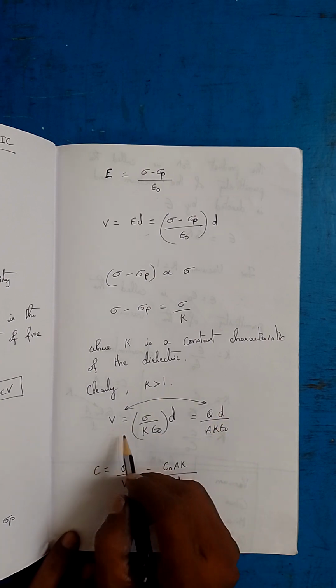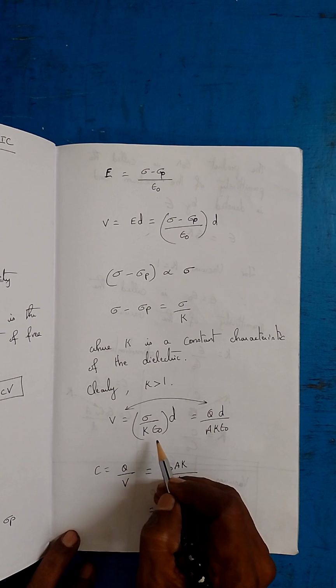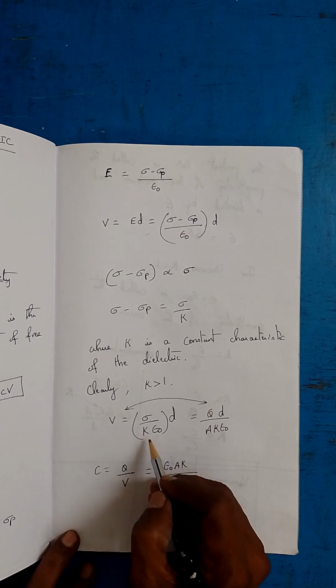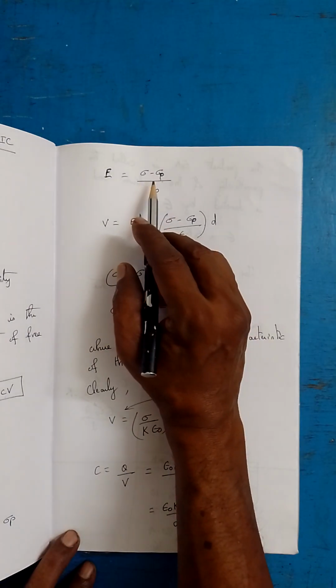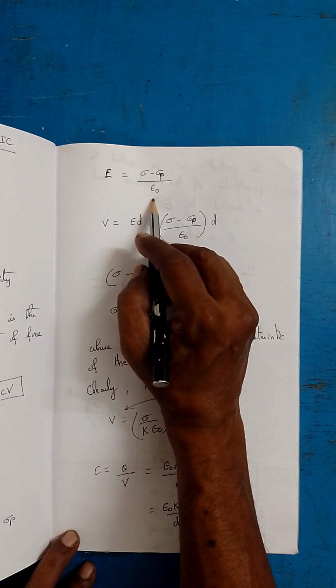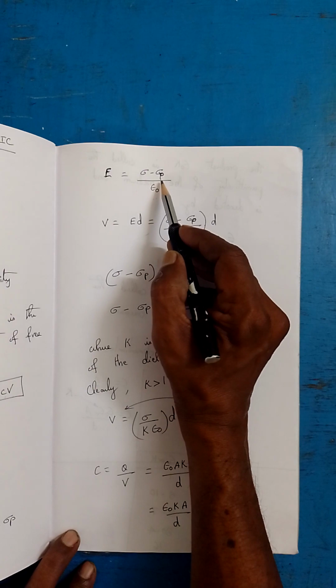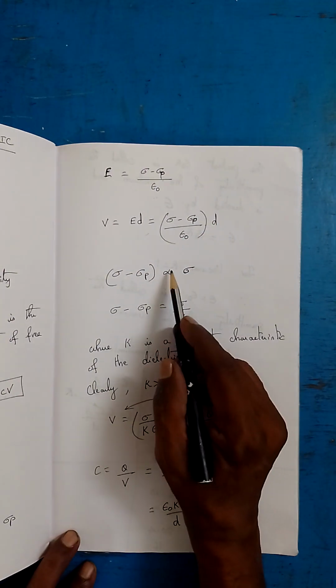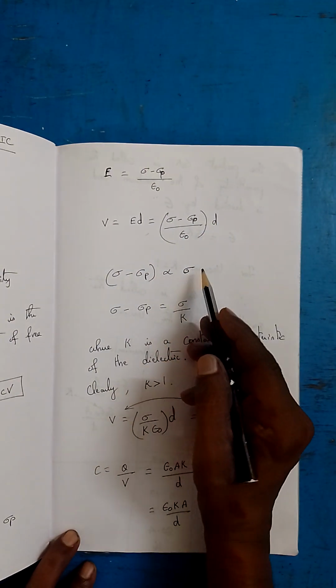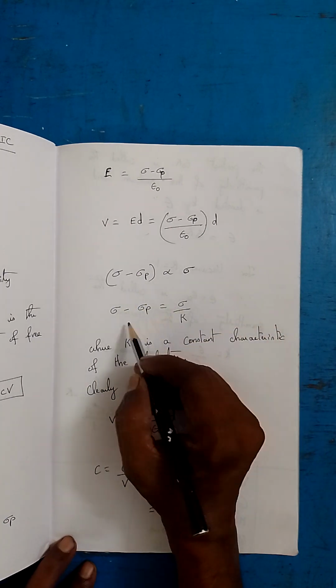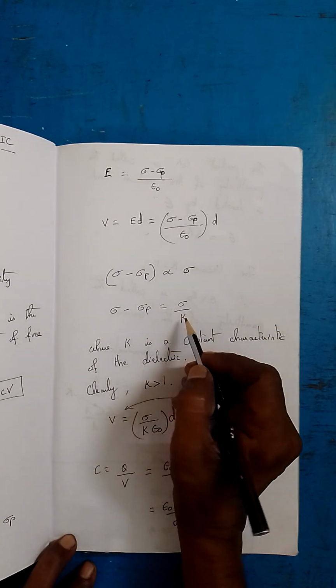So now V is equal to E into D. Now what is E? E is sigma minus sigma p by epsilon naught, but I just told you sigma minus sigma p is directly proportional to sigma. So we can write sigma minus sigma p as sigma by k.